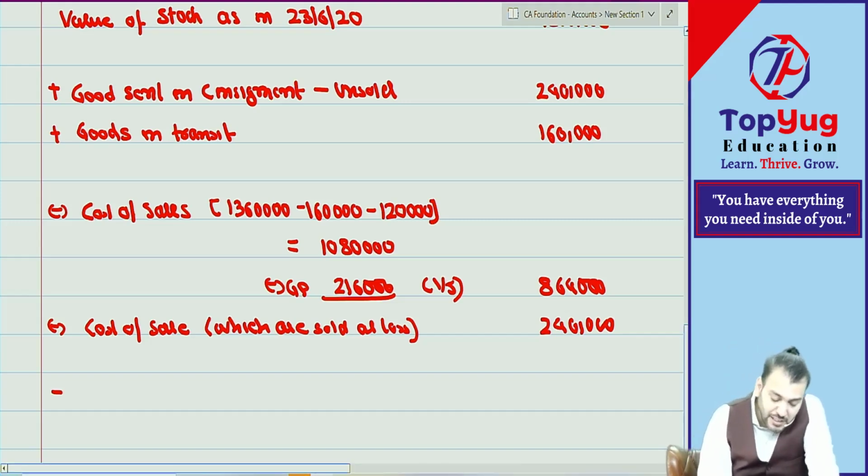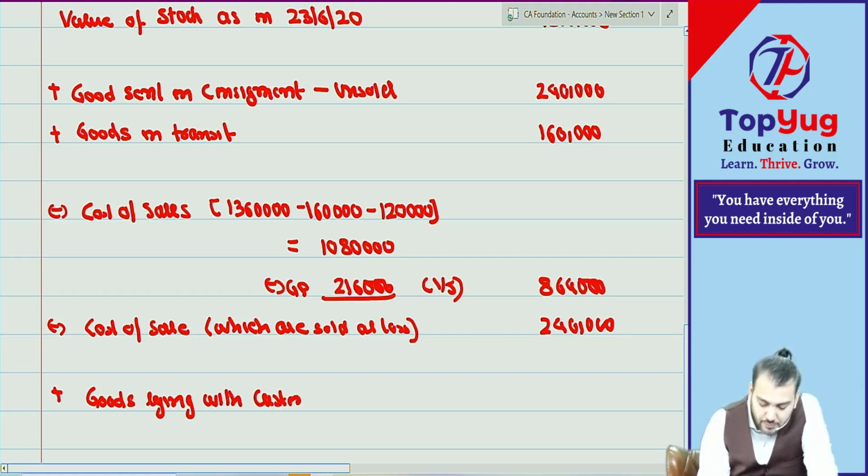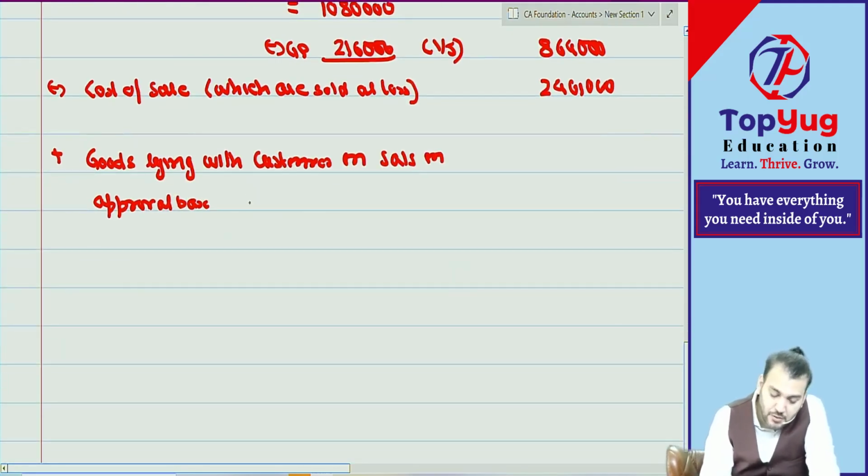Correct. Now there are some stock which are on approval. There are goods lying with customer on sales on approval basis. So it is 1 lakh 60,000. On 1 lakh 60,000 also there is a GP margin.